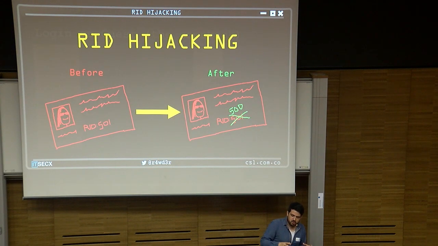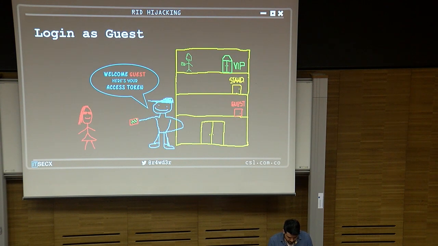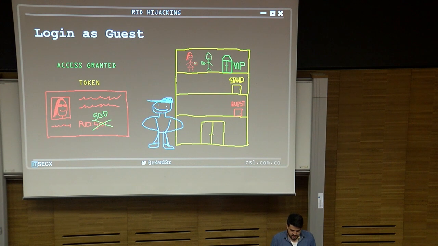So all the security properties of the account remain the same, except the RID, which is the critical one. Modifying the RID at the exact place is equal to acquiring the privileges of the spoofed account and doing everything you want. The guest account receives her access token, and she can do anything inside the system on behalf of the administrator.